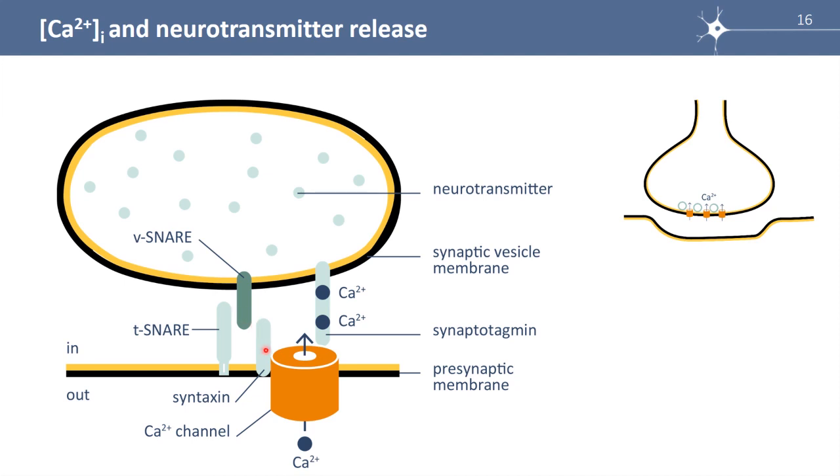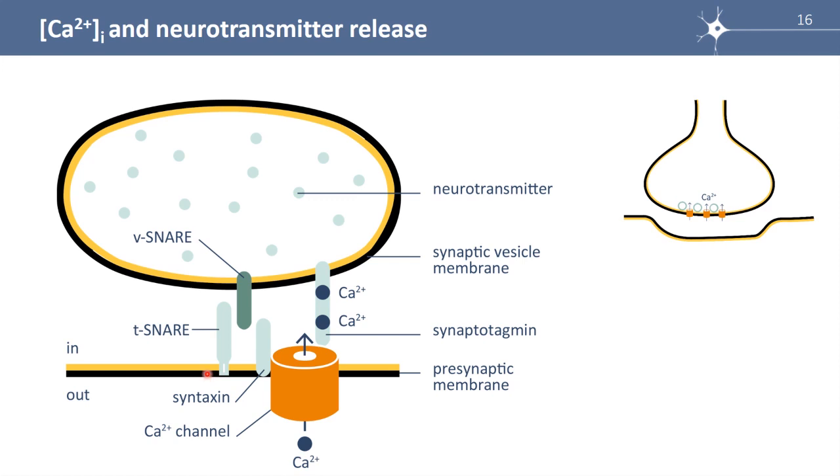For example, here, syntaxin, which is an integral protein of the presynaptic membrane. There are also connections between syntaxin and the proteins of the vesicles here that are called V-SNARE. There is also an integral protein in the presynaptic membrane called T-SNARE. So V is for vesicle and T is for target.